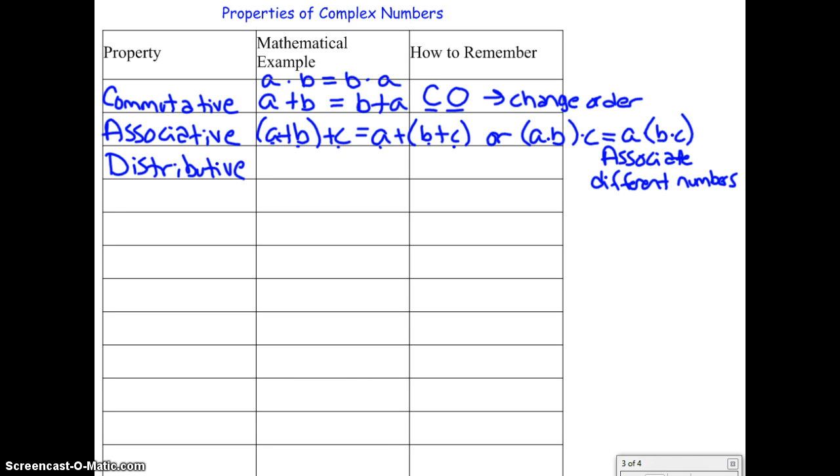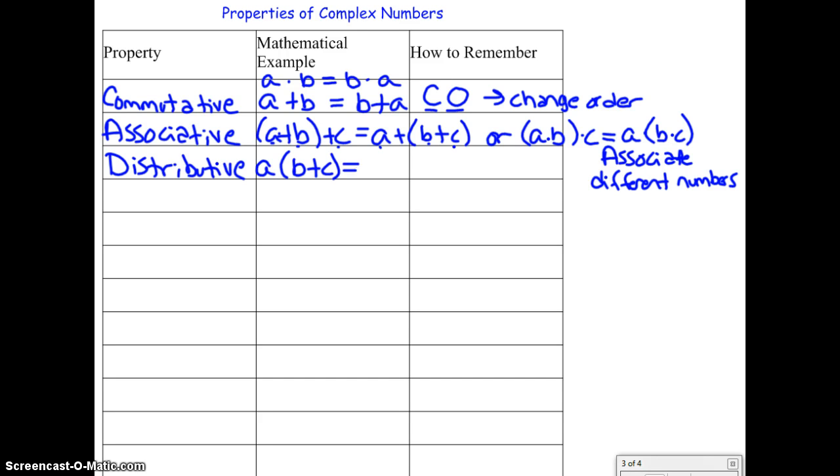All right. And then distributive, probably the one that you will remember the most, but distributive property is always you're multiplying over addition or subtraction. So we have distributive property, we'll have A on the outside of my parentheses, and we have B plus C on the inside of the parentheses.